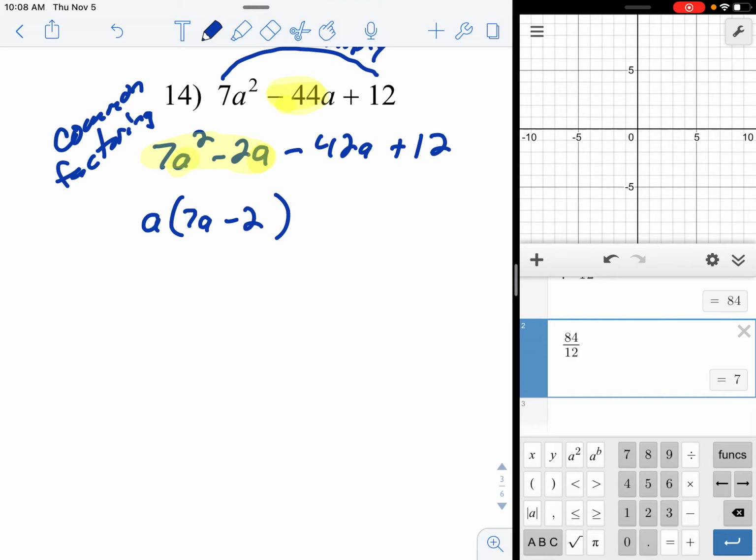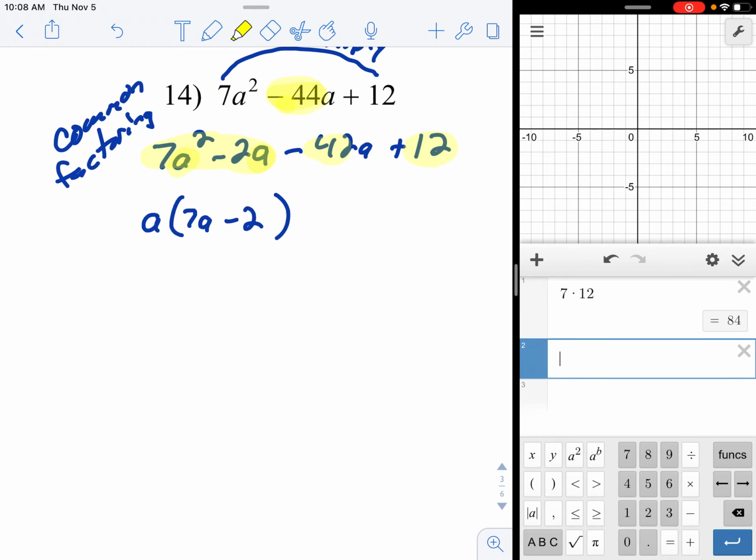Now look at the next two terms. What do they have in common? Well, 42 and 12. Let's see, what can you divide out of those? You could divide out a 2, but I think you go with a bigger number. You can divide out a 6, I think. Let me check. 42 divided by 6 is 7. 12 divided by 6.